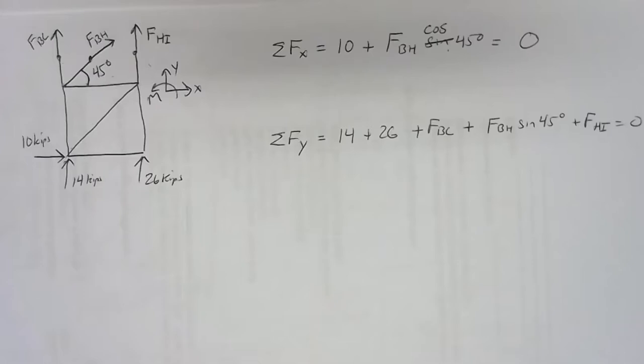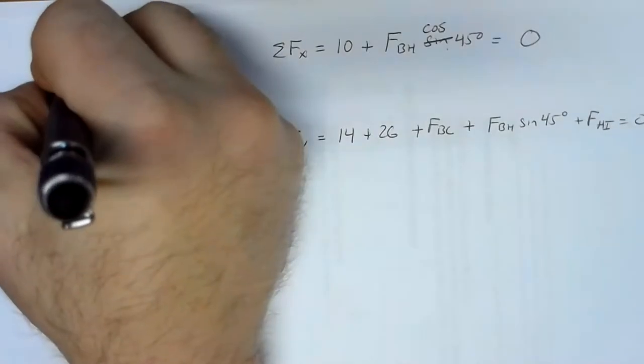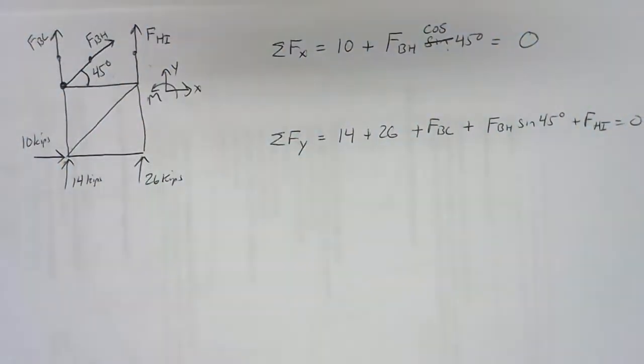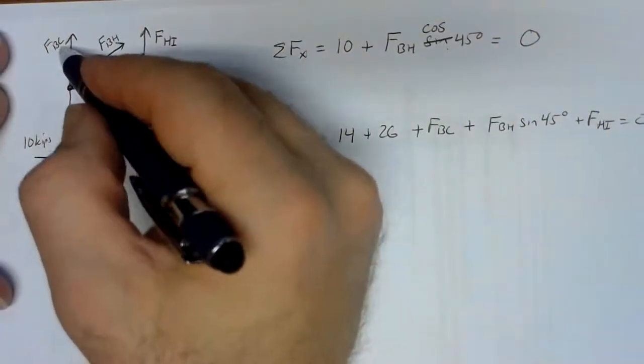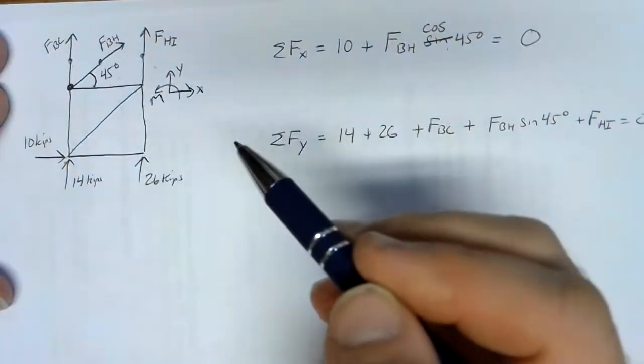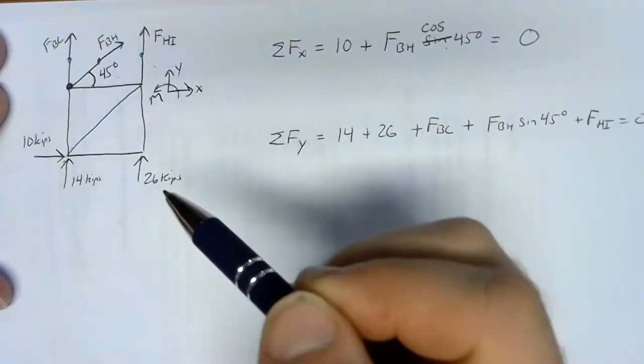Now we need our pivot point. We need our moment. And hopefully by now you're able to see exactly which pivot point to use in this case. The best place to go would be right here at joint B. Joint B will knock out members BC and BH. FHI will be the only unknown.